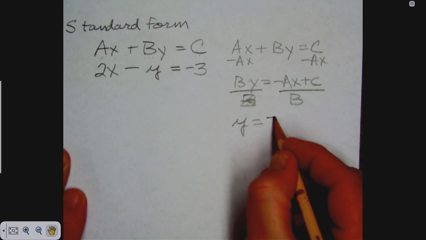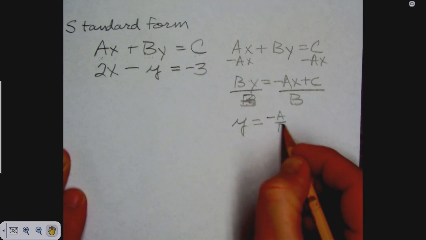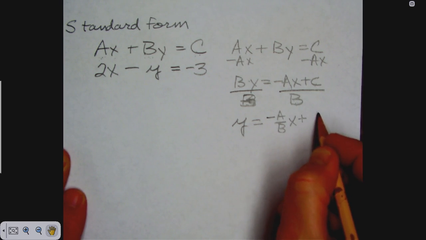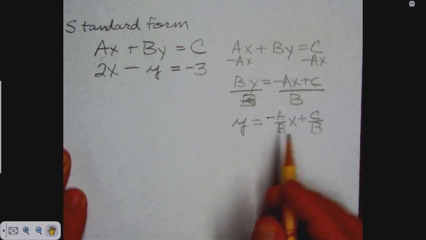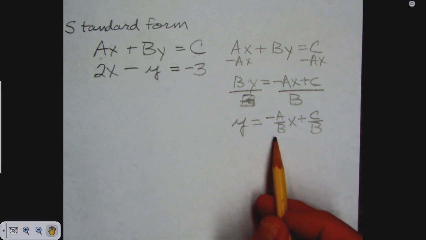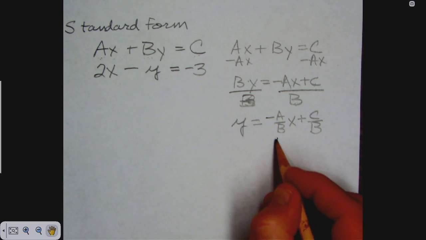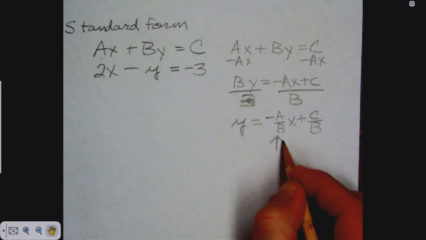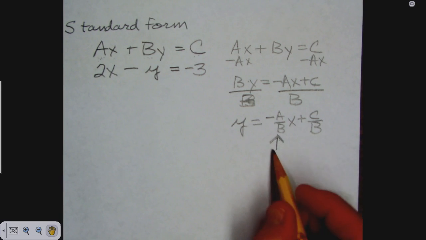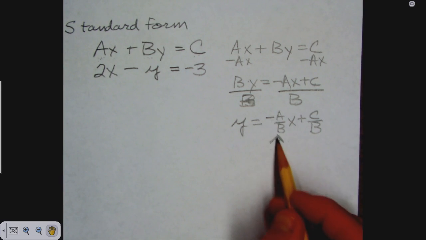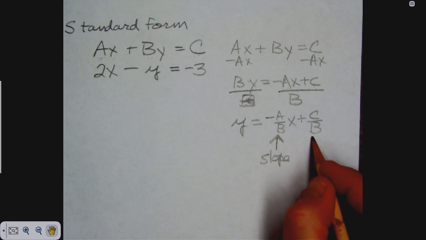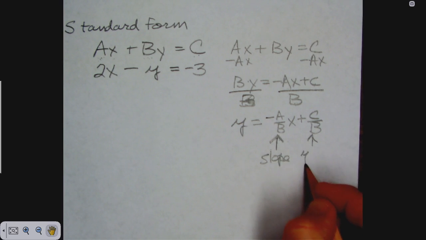So this is the opposite of A over B x plus C over B. So this general form of the standard form of the linear equation is put in slope-intercept form, and hey, that means that whenever we have it in standard form, the negative A over B, or opposite of A over B, is going to be the slope, and C over B is going to be the Y-intercept.